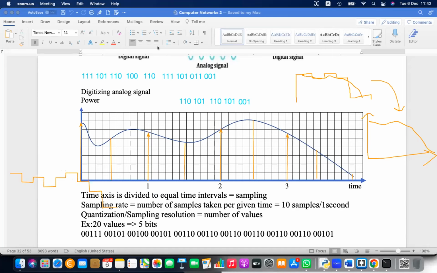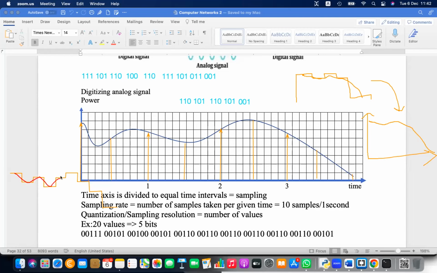Let's try to regenerate the signal. If you try to regenerate the signal by linking the middle points, sorry, I'm drawing in another color to make it easy to understand. Just link the middle points, this point, this point, this point.